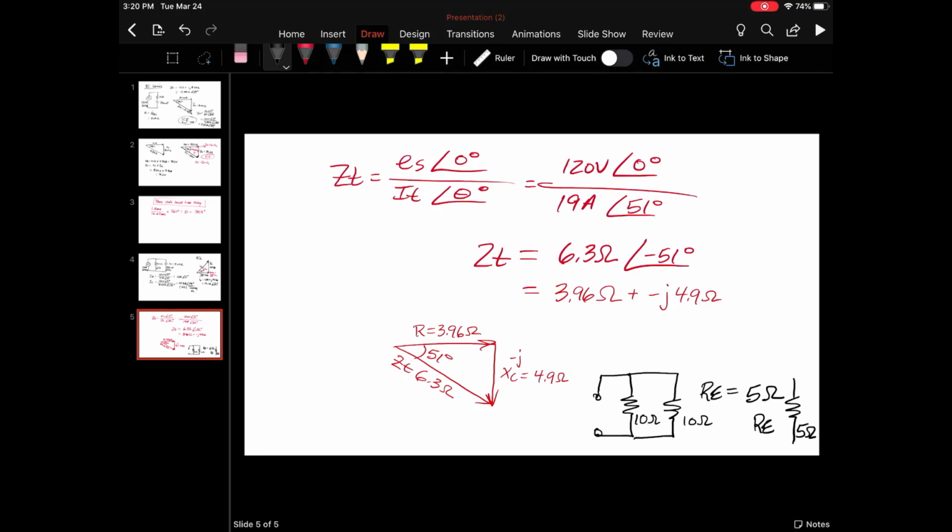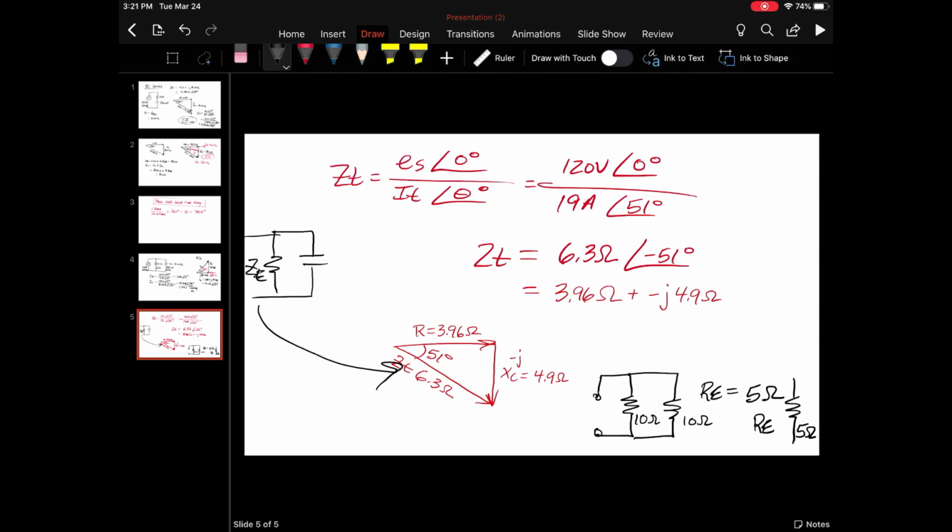It's the same way in which we are looking at a parallel arrangement of R and C and saying what is its Z equivalent? What's its equivalent impedance if it was a series arrangement?